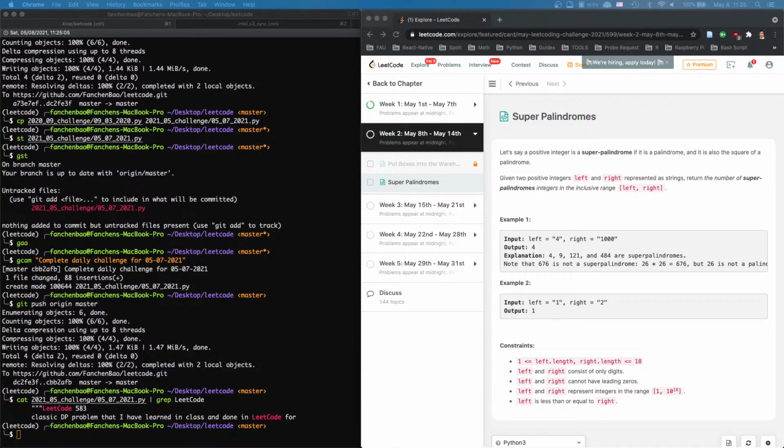Hold on, let me think about it. Given two positive integers, left and right, represented as strings, return the number of super palindrome integers in the inclusive range.